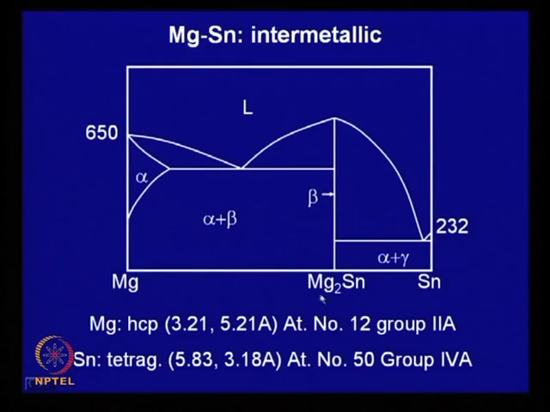Therefore, this compound is very similar to a chemical compound, and it also has congruently melting behavior. So, that means its cooling curve will be exactly similar to that of pure magnesium or pure tin.